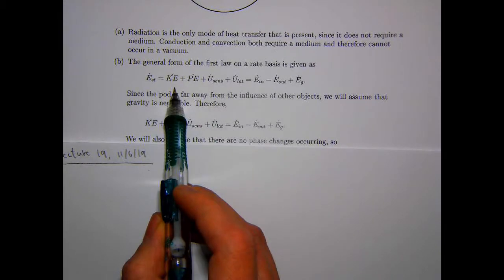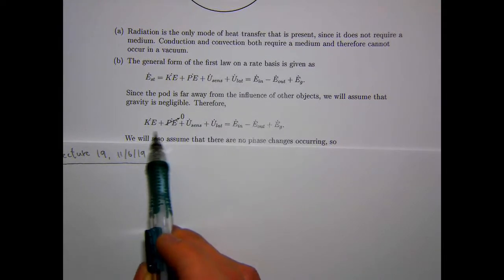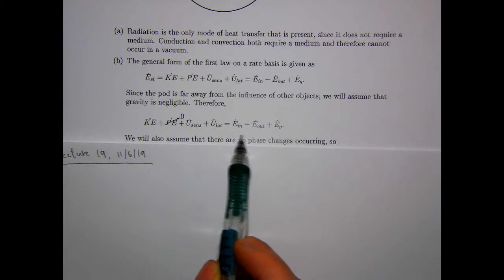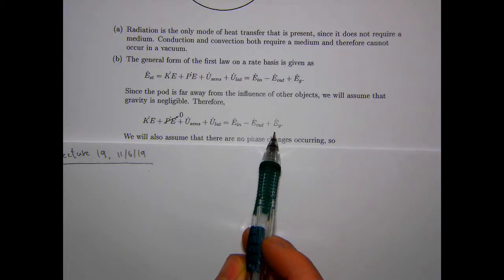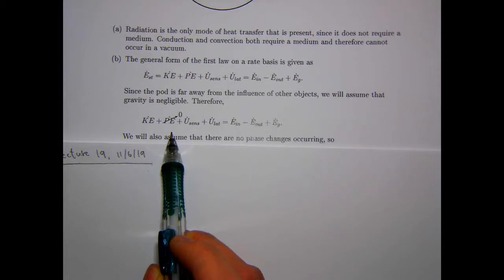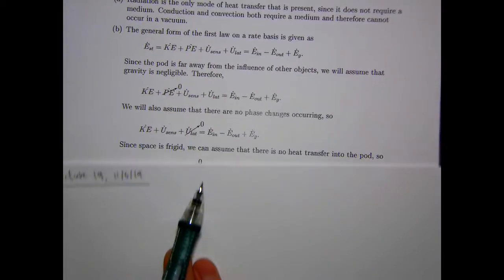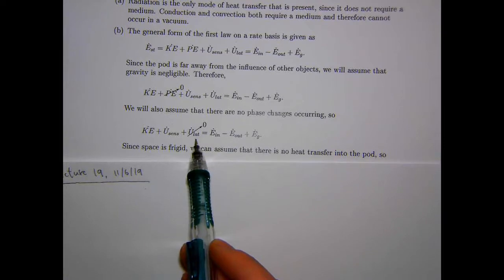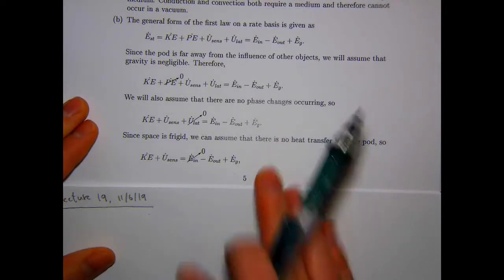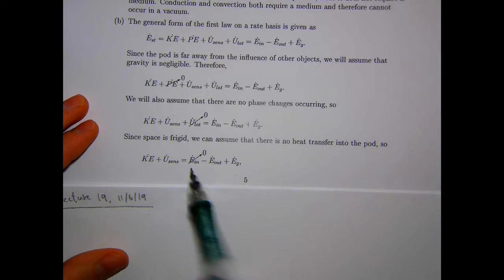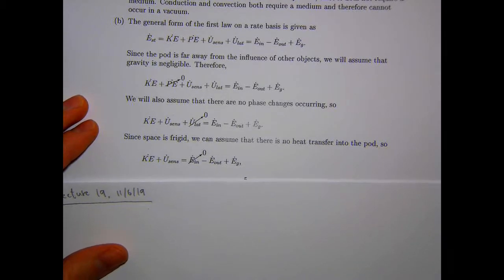We're taking the stored energy broken down into its components and saying that's equal to the energy in, out, and generated. There's no gravity, so there'll be no change in potential energy. We're assuming there are no phase changes occurring. And the temperature of the pod is greater than the temperature of space, so there's only energy out. There's no net energy into the pod.